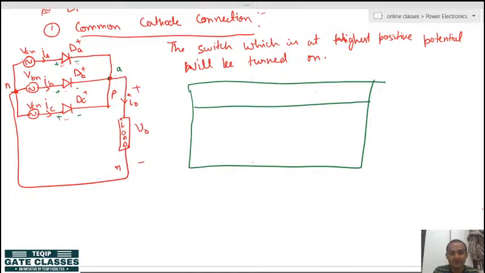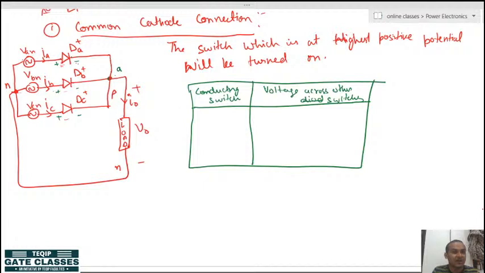If any diode is conducting, we can see the conducting switch and the voltage across the other switches.